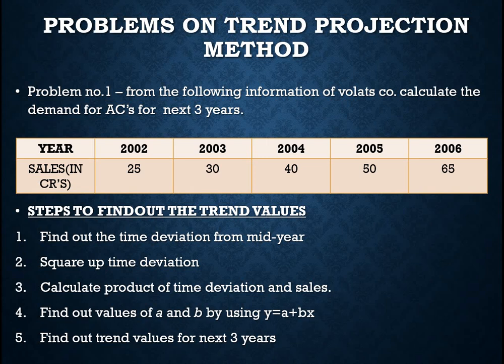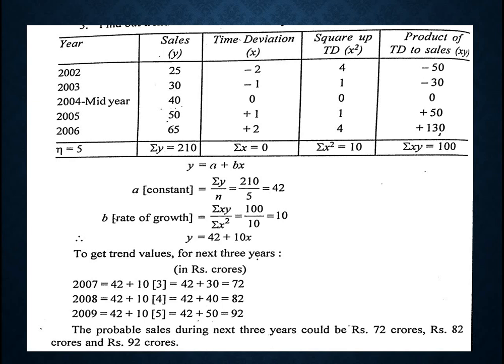Next, calculate the product of the time deviation and sales. Next, find the values of a and b by using the equation y is equal to a plus bx. Next, find the trend values for the next 3 years. So these are the steps which we have to follow.